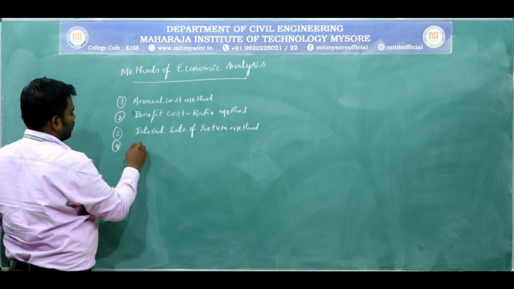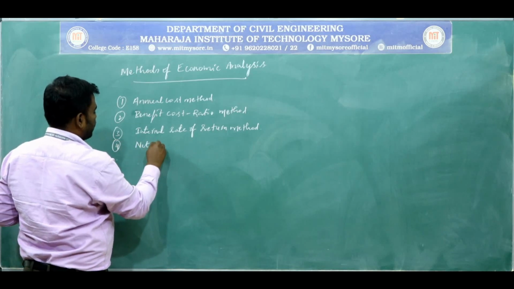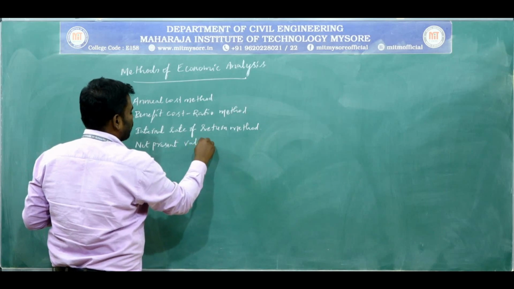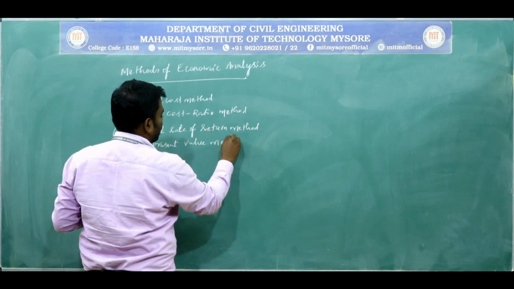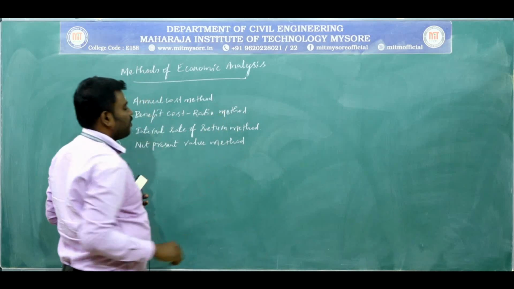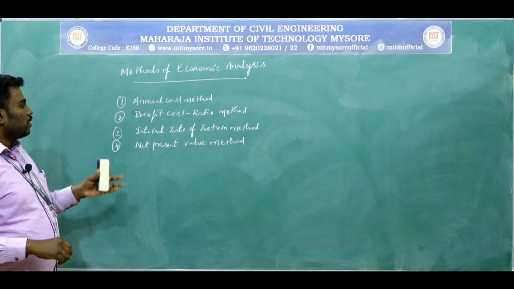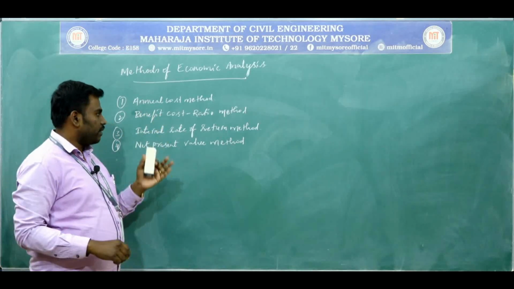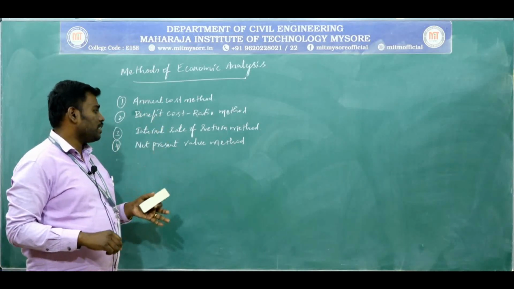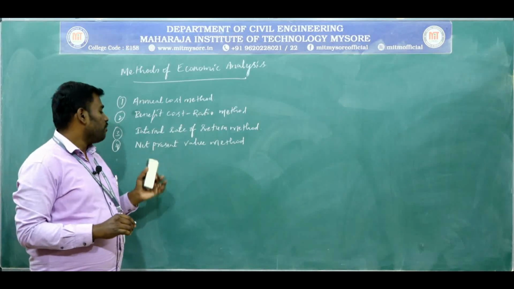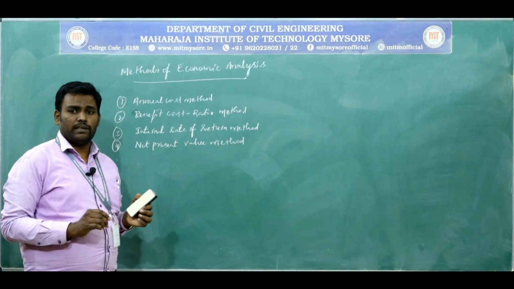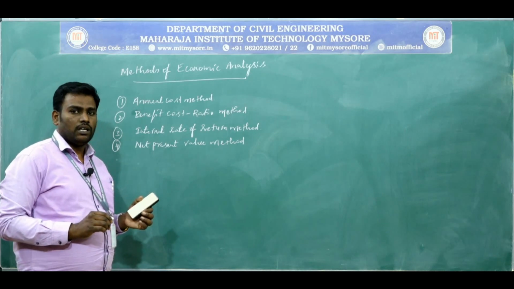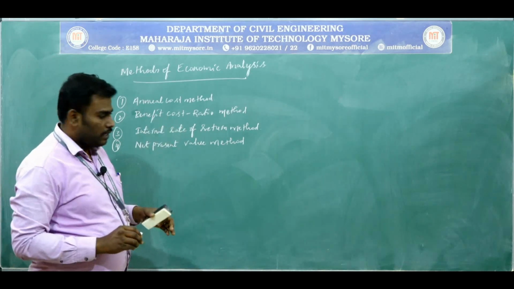Fourth one, it is net present value method. There are four simple methods. The first one is annual cost method, second is the benefit cost ratio method, third is internal rate of return method, and fourth is net present value method. Is it clear? I'll take up one by one.